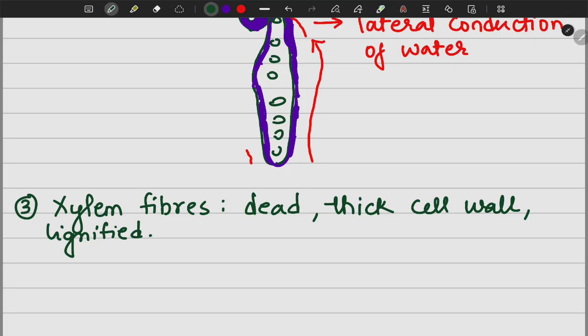The cell wall is so thick and there is high deposition of lignin. The cell wall is highly lignified in such a way that the central lumen is obliterated.